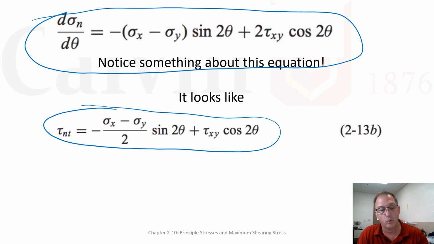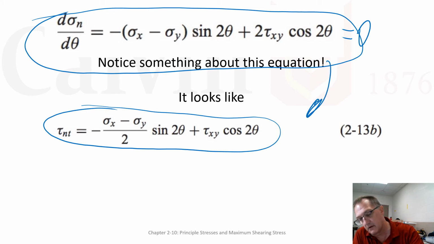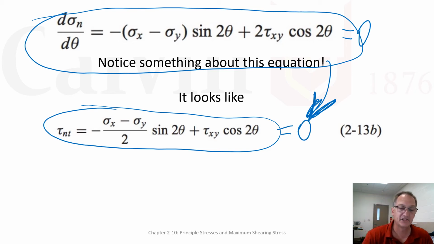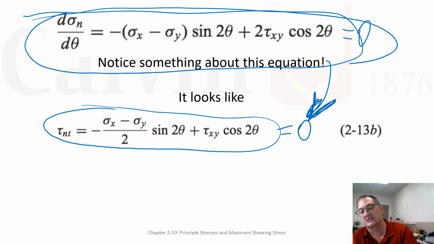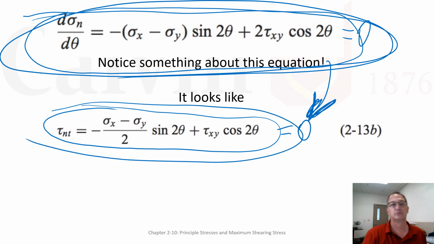In order to solve for the principal stresses, I set that equal to 0. That means this has to be equal to 0, because it's equal to twice the derivative of the normal stress with respect to theta. So when I have my maximum and minimum principal stresses, my shear stresses are 0.